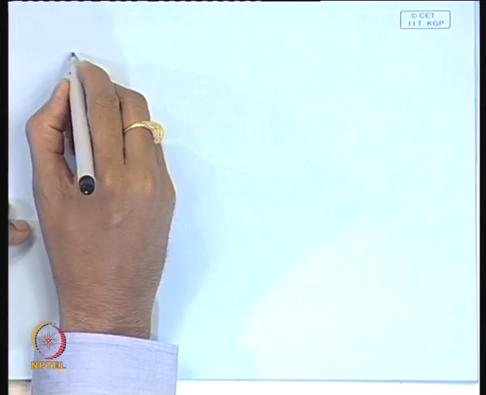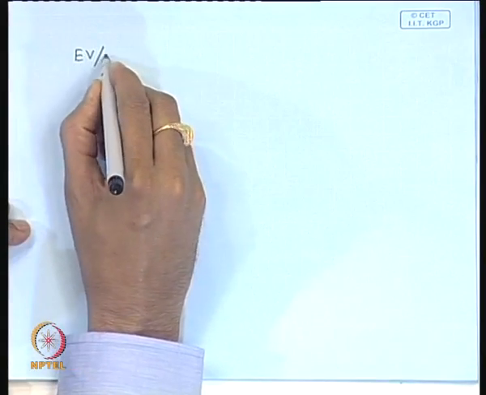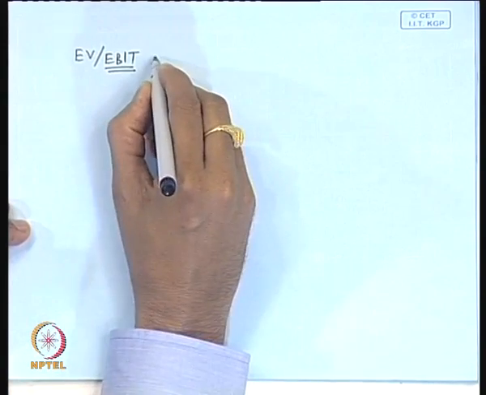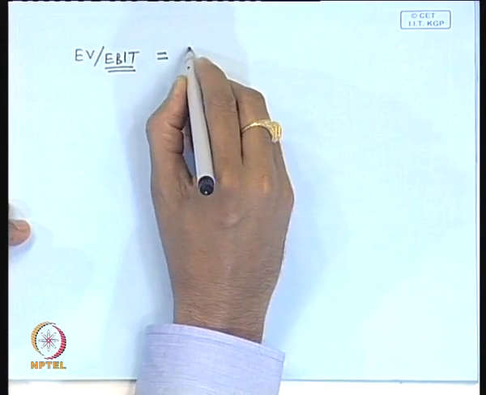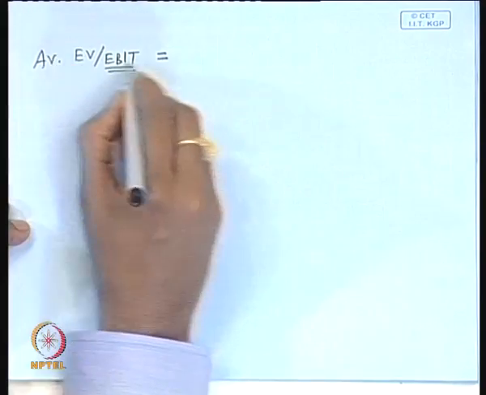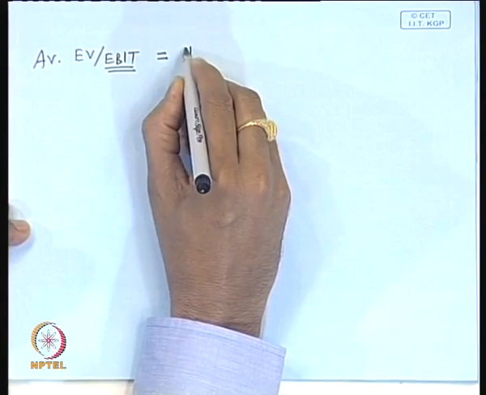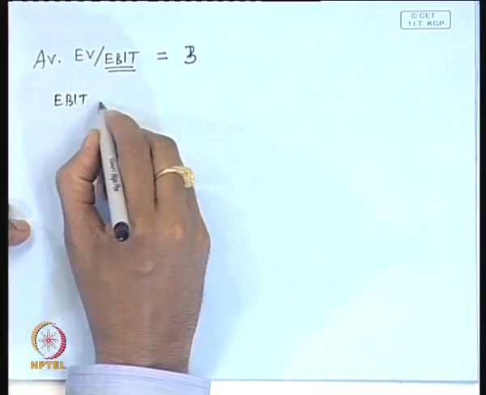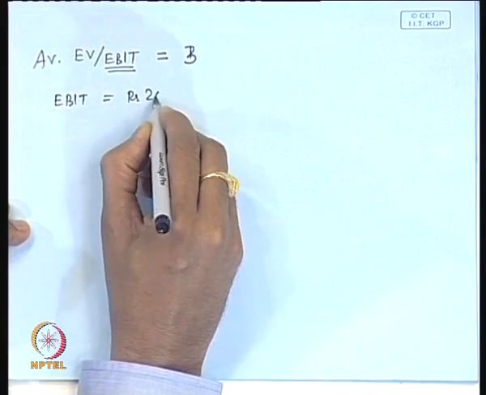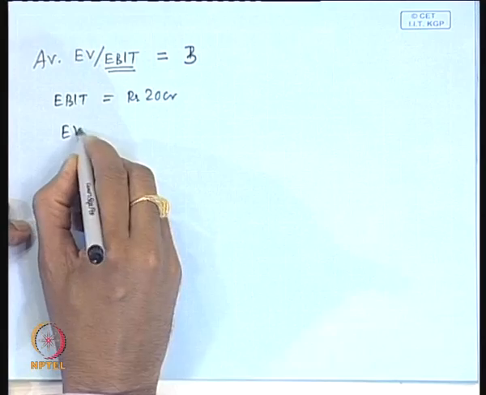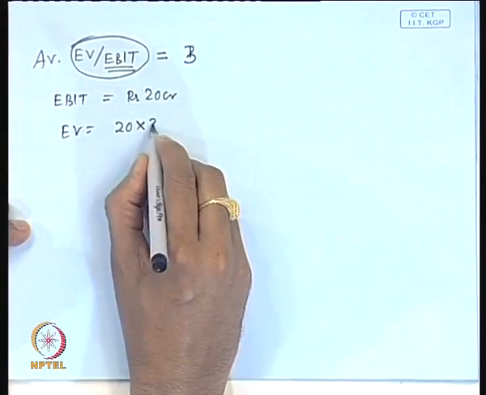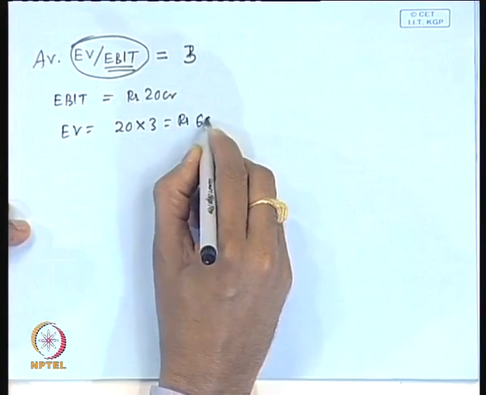For example, if you have got an enterprise value of companies and then EBIT of different comparable companies, that multiple, let us say average enterprise value to EBIT, is 3, and the EBIT of a particular company, the target company, is rupees 20 crore. So, the enterprise value becomes now 20 into average EBIT multiple, that is 3, that is rupees 60 crore.